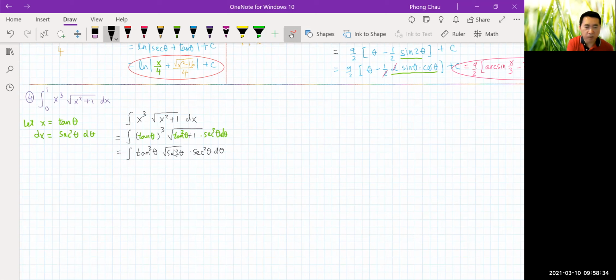I don't want to make it too long, so let's simplify this. Square root of secant squared is secant, right? And then you multiply by secant squared, what do you get? Secant cubed. So we end up with tangent cubed times secant cubed. Right, let's skip a little step there. And that becomes secant theta times secant squared becomes secant cubed.